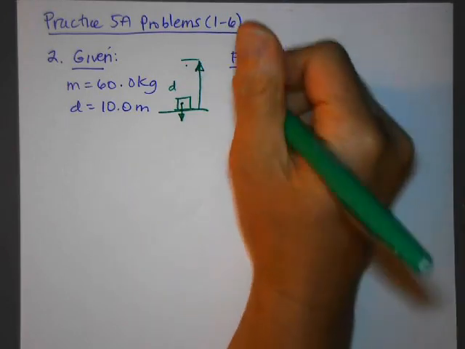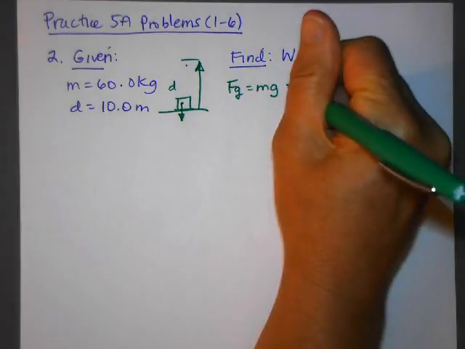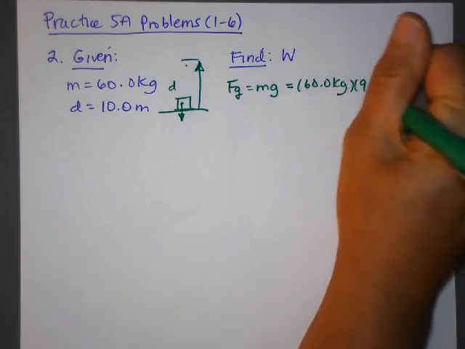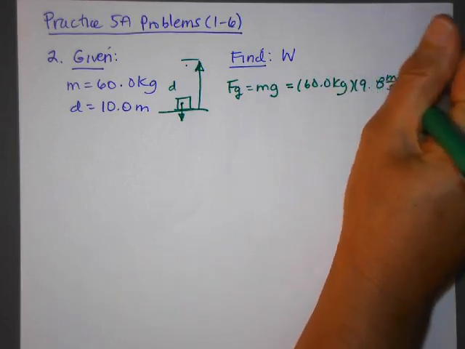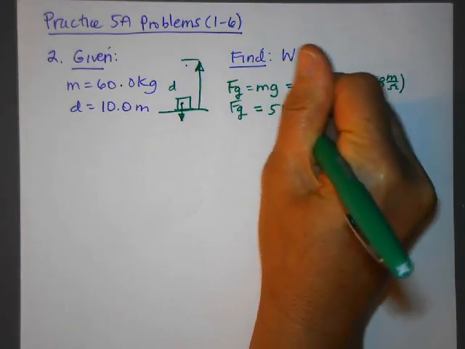So first we have to find the weight. So F of g is mg, so it's 60 kilograms times 9.8 meters per second squared. So the weight comes out to be 588 newtons.